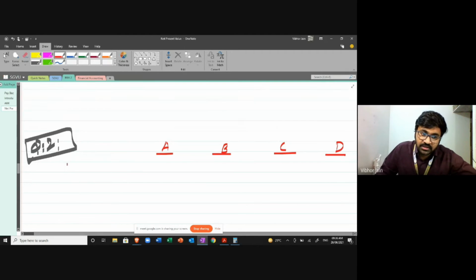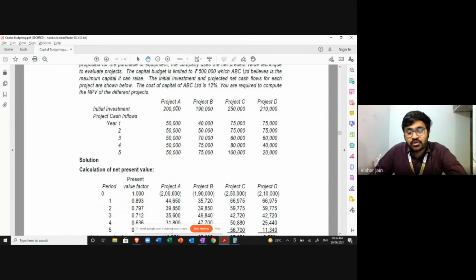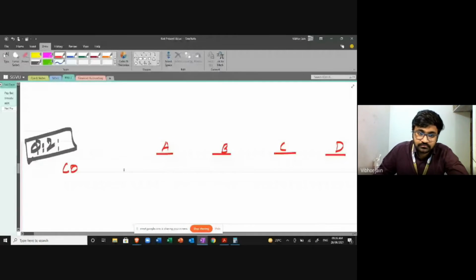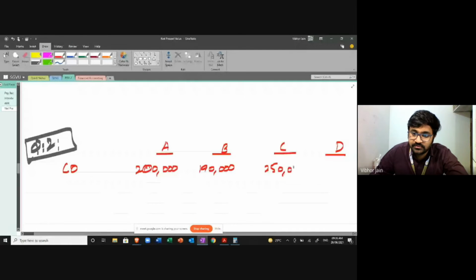Cash outflow is given to you in the question. The initial investment for project A is 2 lakh, for the others it is 190, 250 and 210. This is my cash outflow.